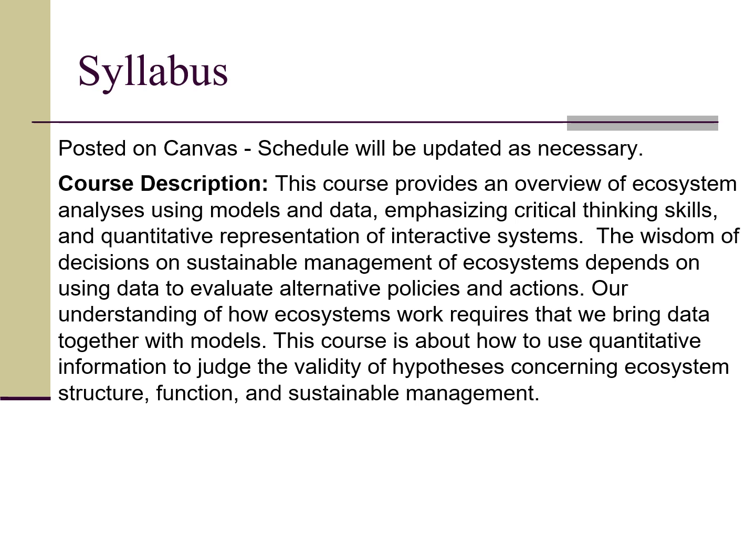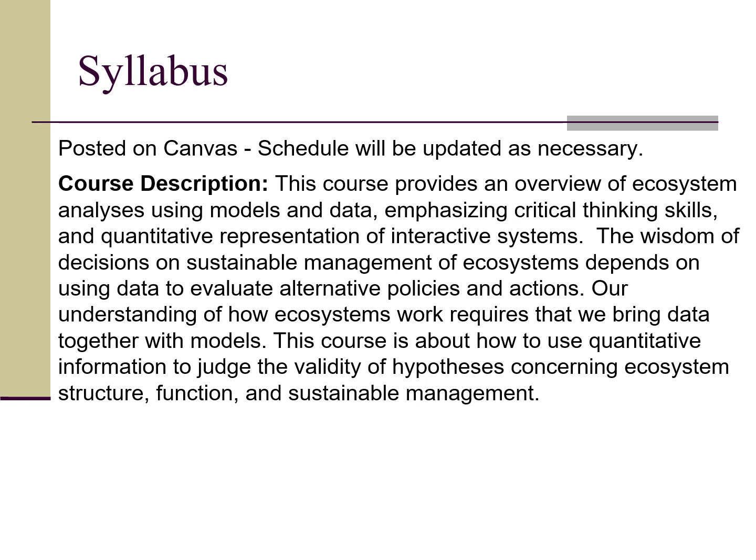In order to understand how ecosystems work, we need to bring data together, and then in general we need models as well, models that tell us how the various parts of an ecosystem interact and affect each other.